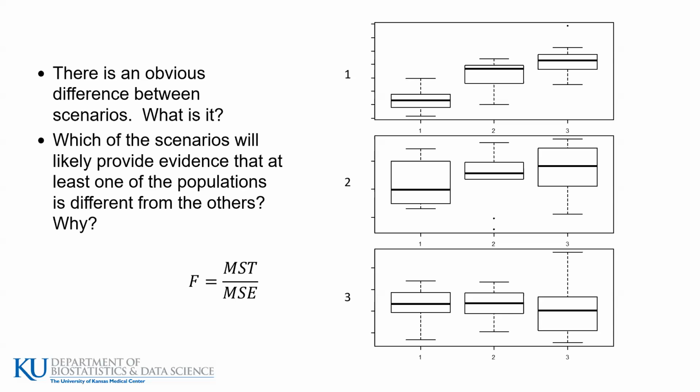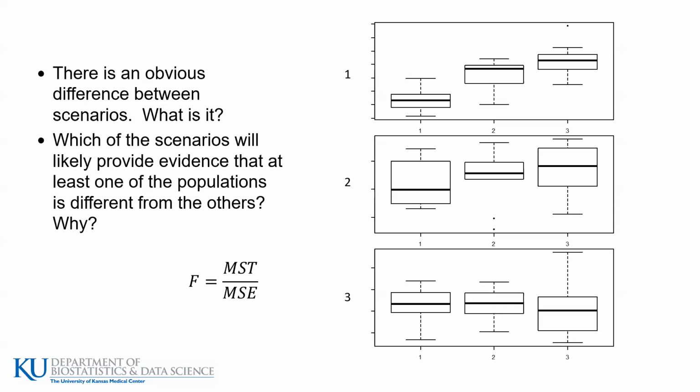In contrast, the second scenario has a lot more noise. So even though the means are just as different as in the first scenario, there's a lot more within group differences, or the variation within the groups is a lot higher. So this high variability within the groups makes it harder for us to detect some between group difference.